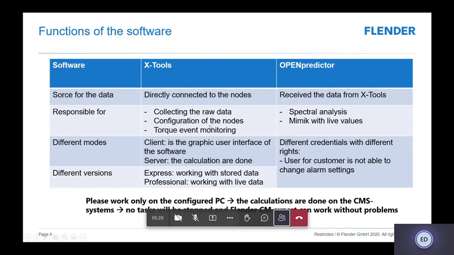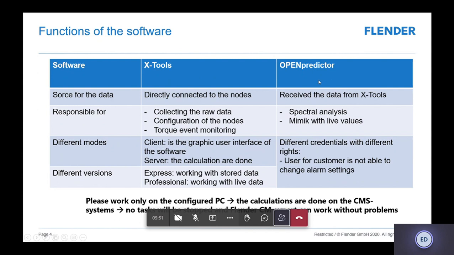So the configuration of the single input nodes will be done in the Xtools software. The raw data can be recorded in the Xtools software as well, and event monitoring is done with Xtools.